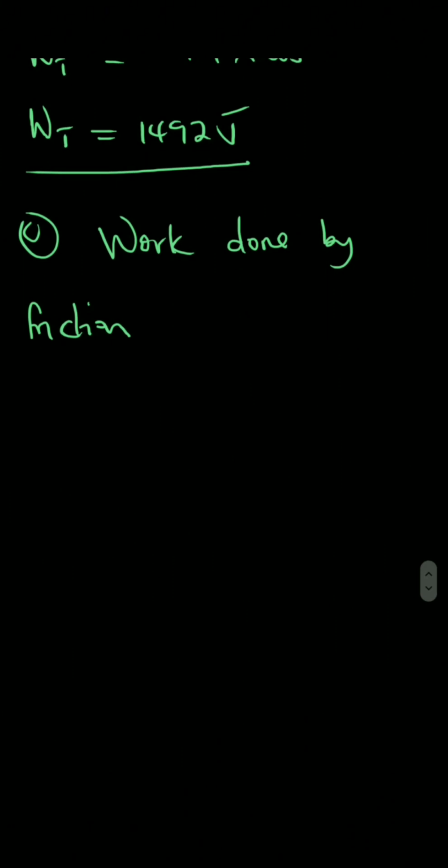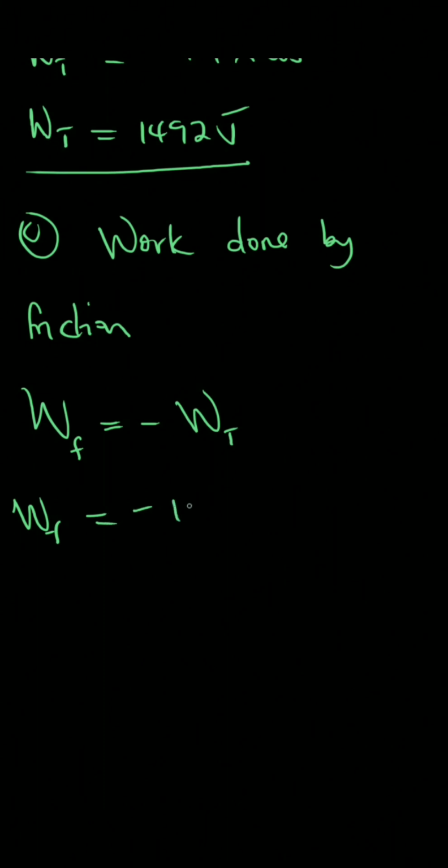So this friction is the same as the other force that is on the left, which is a component of the tension. So that work done by friction will just be equal to negative work done by the tension force. So here to find the work done by friction, we're just going to get the same value for the tension, just that we attach a negative in this case. So this is our answer.